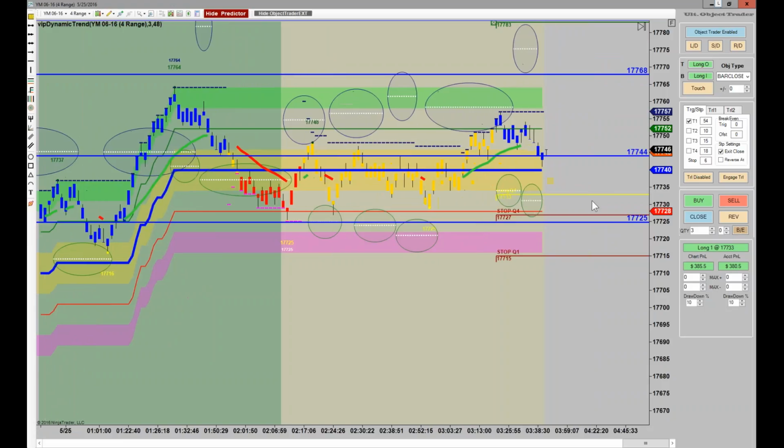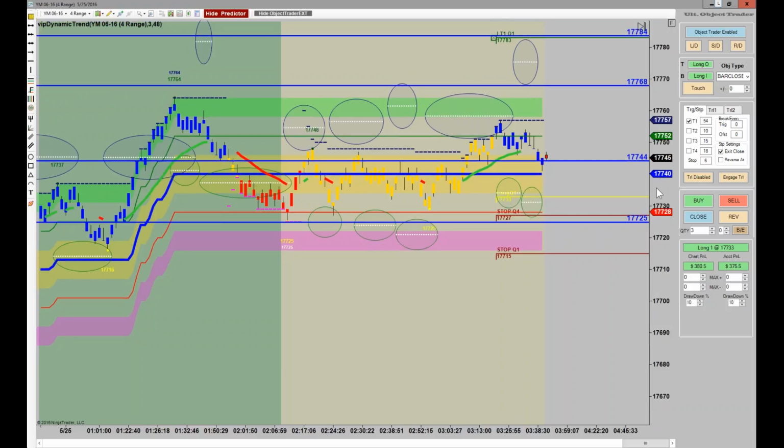Matter of fact, if you want to, by the way, we should have just gotten, well, we didn't quite get down to the mid-band on that, did we? To the ellipse. Let's see if we can get, I'm going to turn on bar close. If this bar will close down, that is. I like to get a bar down, touch that mid-band or that ellipse. We're trying to get an ellipse touch.